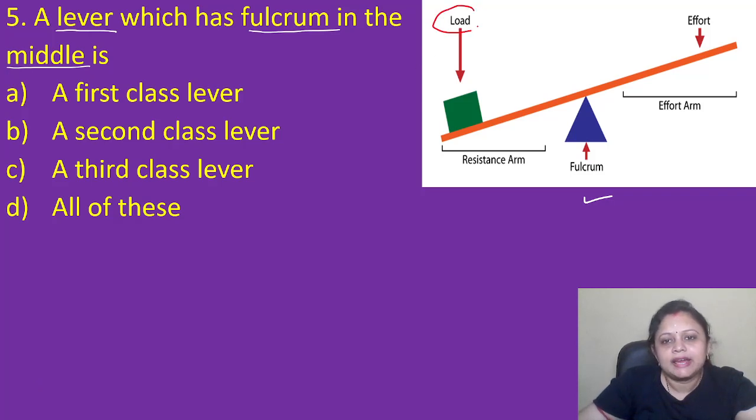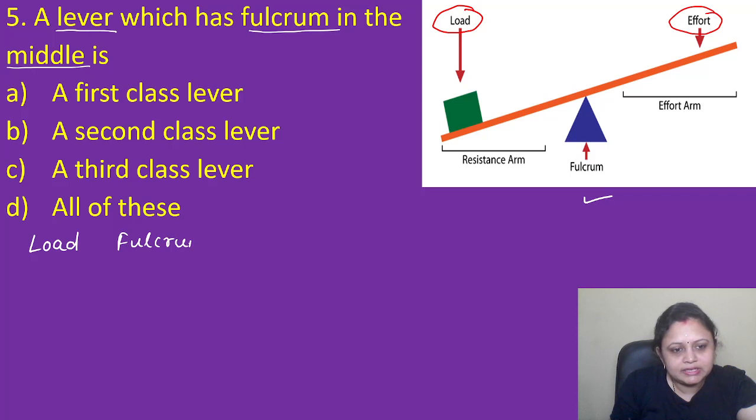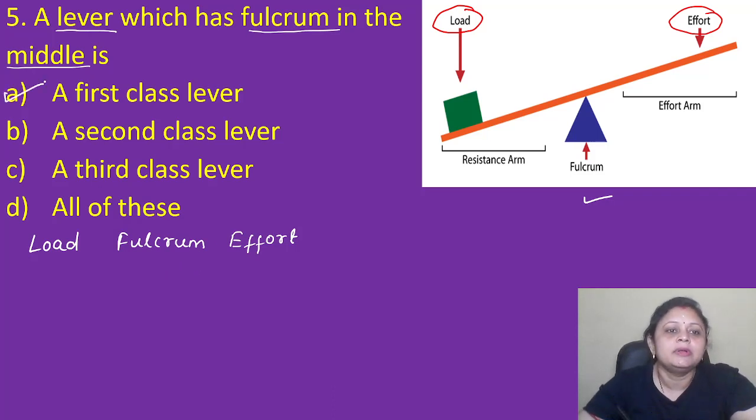Then on one side load is there and on the other side effort is there. So first load is there, then fulcrum in the middle and then effort. Okay, so fulcrum is in the middle, so that is the first class lever. So first class lever is the lever which has fulcrum in the middle.